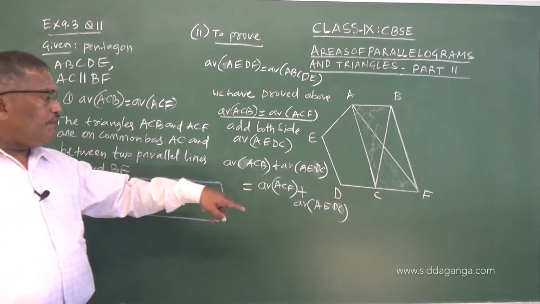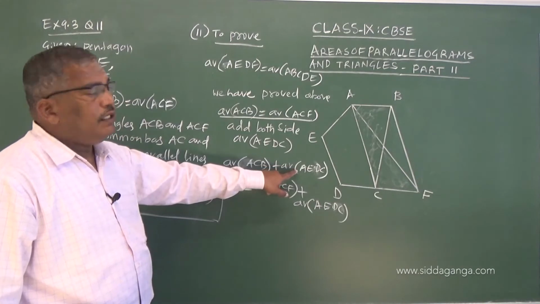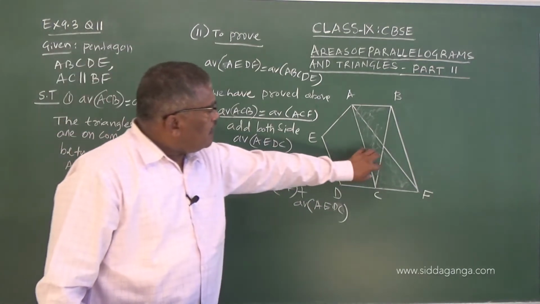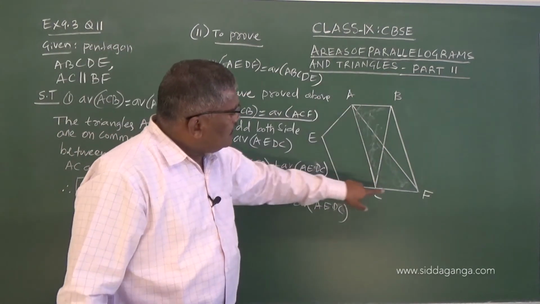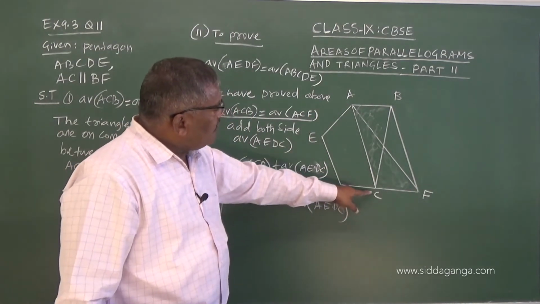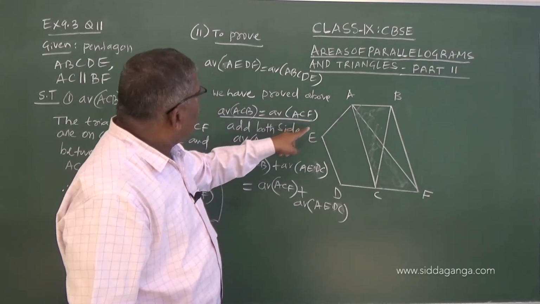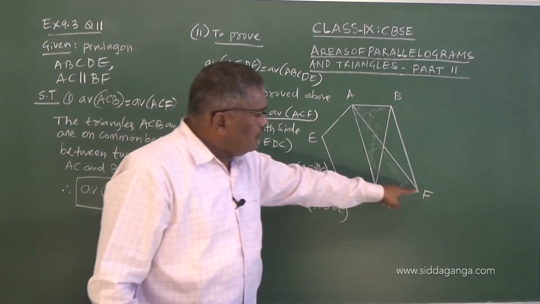So now you observe the figure, the sum of these two in the LHS, this triangle ACF plus AEDC becomes AEDF.